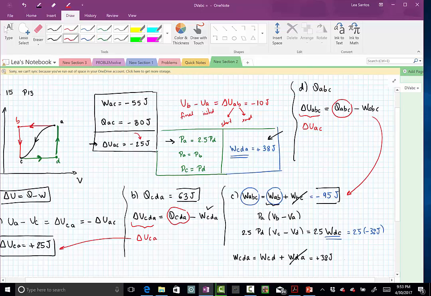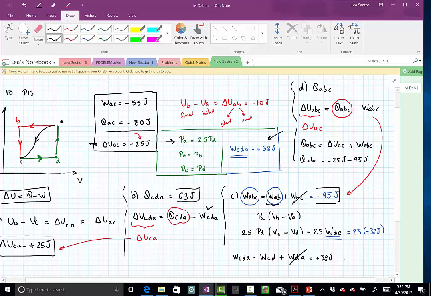Okay, so let me put all this together. What I have is this QABC is equal to delta UAC, which we know, plus the work ABC. So this QABC is the delta UAC, which is minus 25 joules, and the work ABC, which we just found in question C, so minus 95 joules.